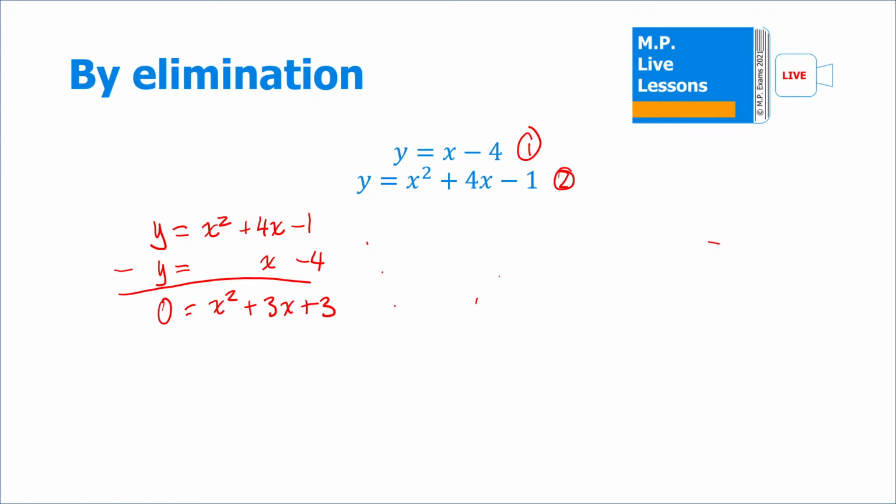Now what we get is, we can use the quadratic formula. So x is equal to... right, we're running into a problem again.